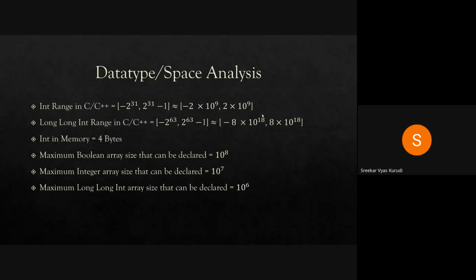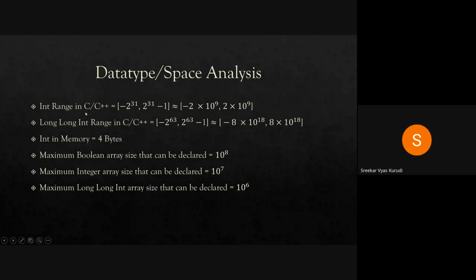Data type analysis. We will go through this very quickly. So the integer range in C and C++ is basically -2 to the power of 31 to 2 to the power of 31. Whatever exceeds this limit cannot fit into an integer. That I guess you all know. More precisely, it is -2 to the power of 31 to 2 to the power of 31 minus 1, which approximately lies in the range of -2 times 10 to the power of 9 to 2 times 10 to the power of 9.